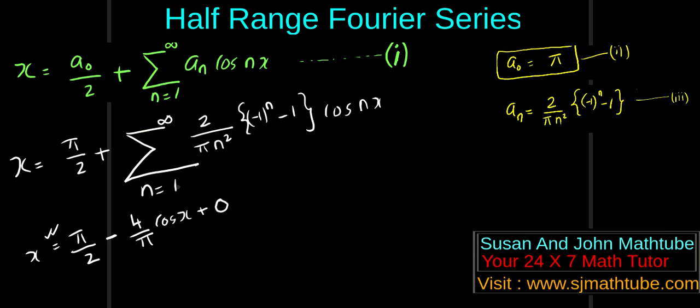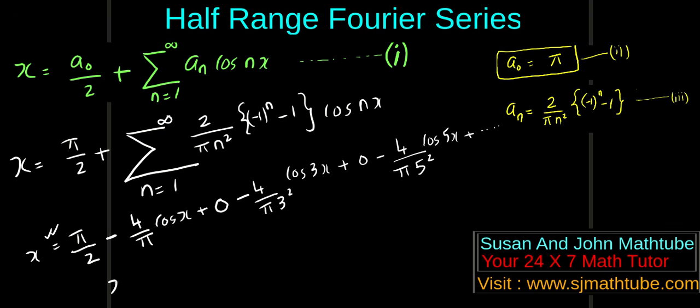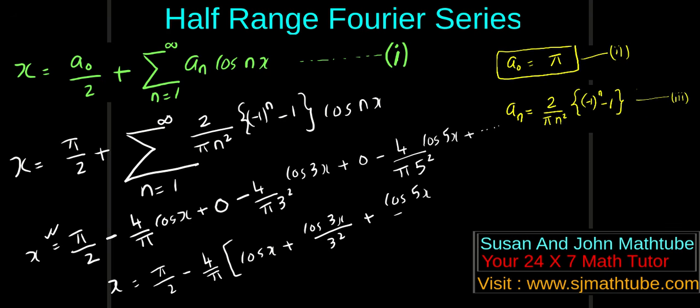And the third term, when I put n equal to 3, the same thing repeats. So we get minus 4 by pi, but this time it will be 3 square, and I'll copy 3 square and cos 3x. And again it will be 0, and again it will be 4 by pi, and the next time it will be 5 square and cos 5x, etc. That is, x is equal to pi by 2 minus, if you want you can take 4 by pi common, cos x plus cos 3x by 3 square plus cos 5x by 5 square plus etc. So that's it.